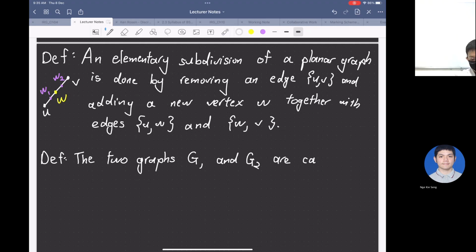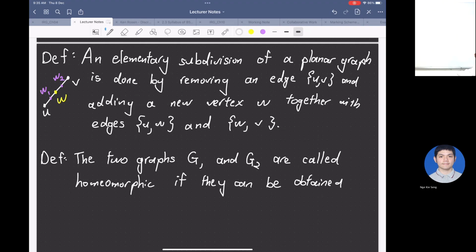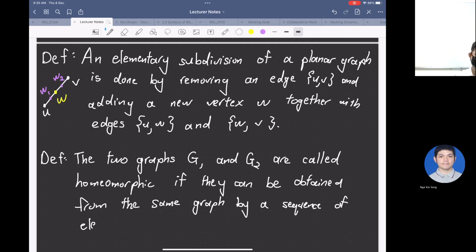It's called homeomorphic, if they can be obtained from the same graph by a sequence of elementary subdivisions.